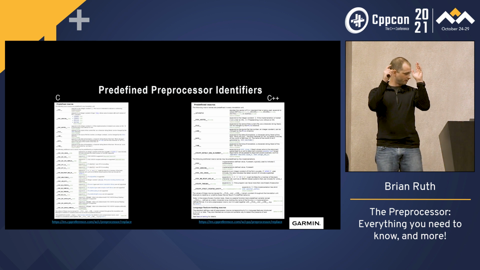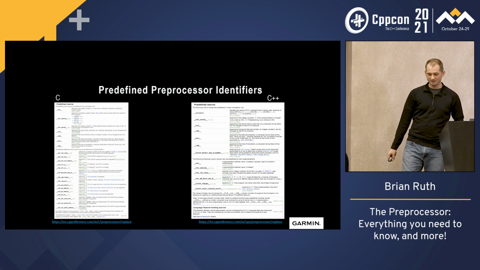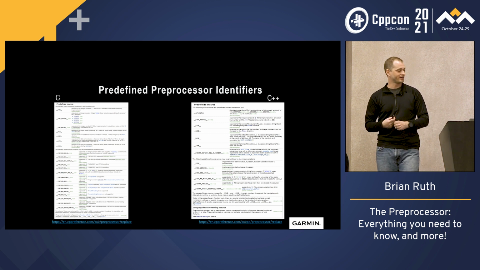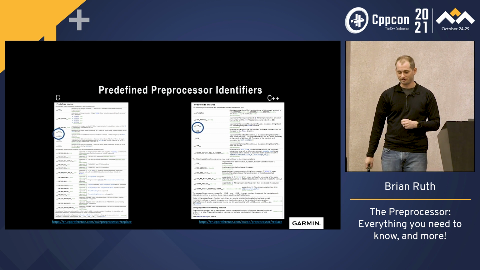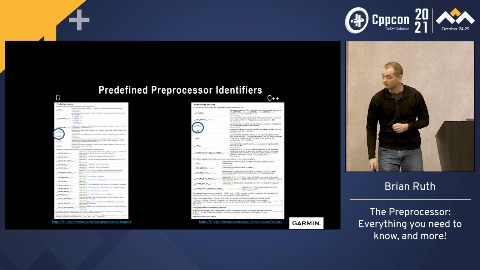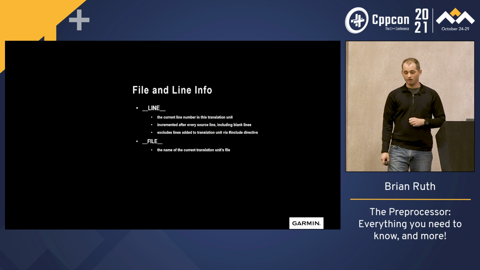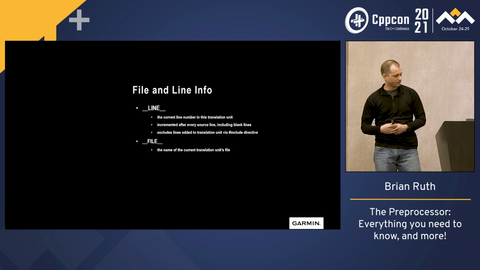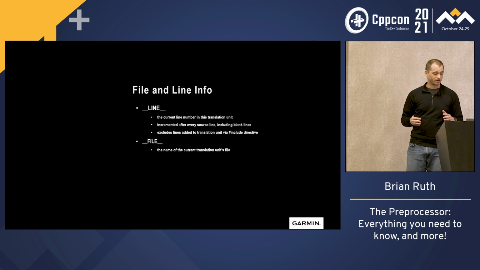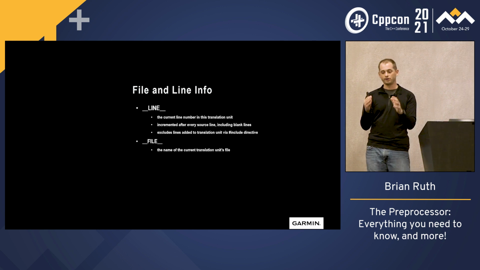This is a big list of predefined preprocessor identifiers. Feel free to peruse them at your leisure. But the two we're going to focus on here are __FILE__ and __LINE__, if you can see those, but we'll zoom in here. So file and line info. __LINE__ is the current line number in this translation unit that you're working on.